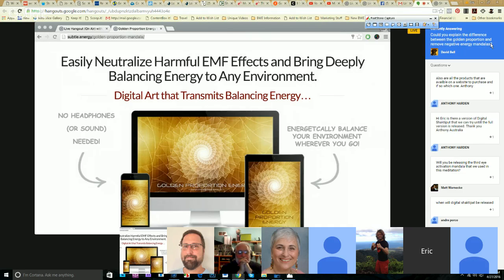So if you pull up the golden proportion mandala, it will naturally eradicate that negative energy, and it will also fill the room with this golden proportion energy. Okay, so it's one way of balancing that particular detrimental subtle energy.